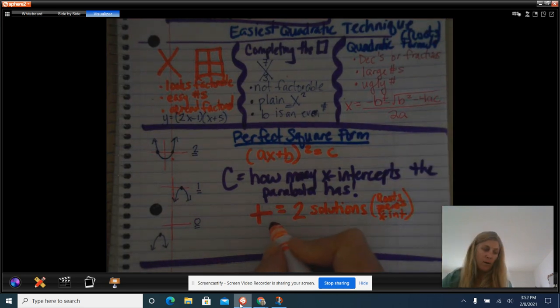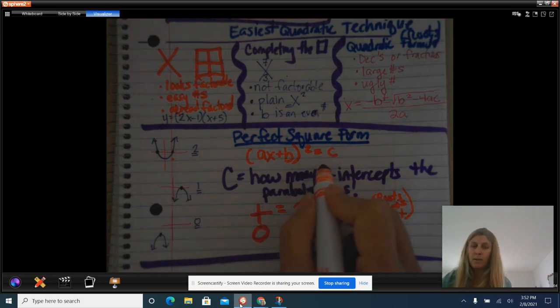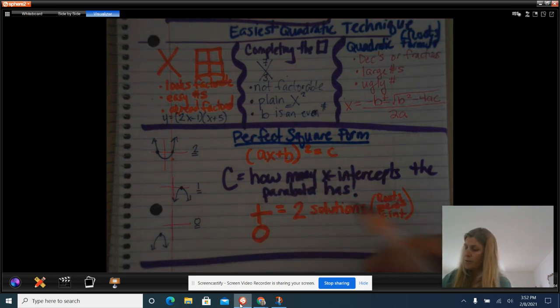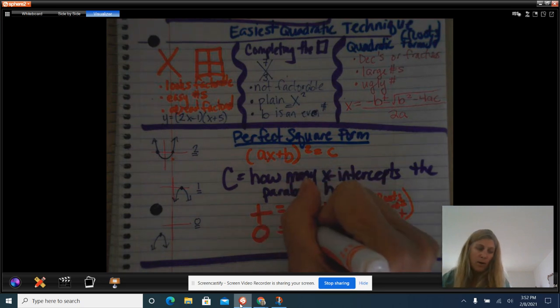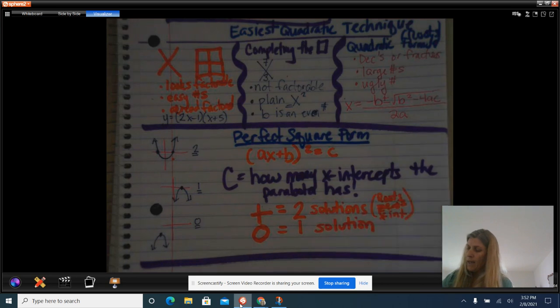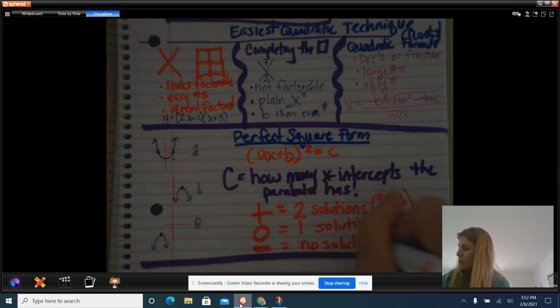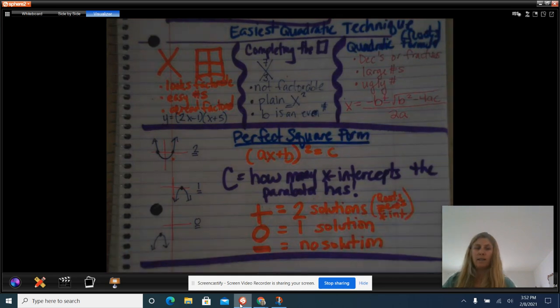Now if that number is 0, (ax + b) squared equals 0, then there is one solution. However, if the number on the right side is a negative number, like -5 or -12, then there is no solution, which means there are no roots, and it does not cross the x-axis.